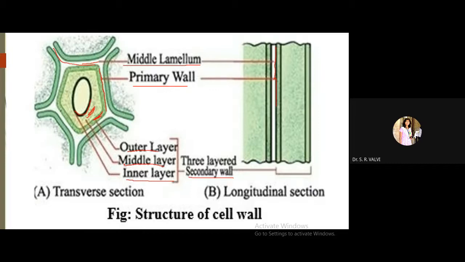In a longitudinal section also you can observe, after this primary wall, all this layer is your secondary wall, right? So likewise you have to learn this cell wall structure. The cell wall has middle lamella, primary wall, and secondary wall.